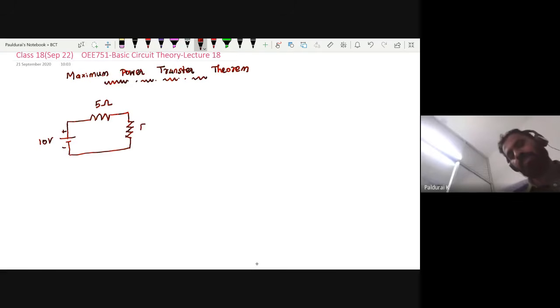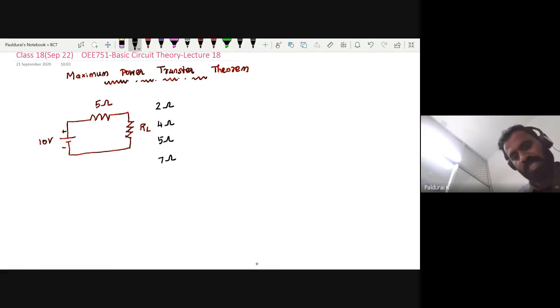And take this as my load RL. I don't know the value. I want to give different values. I want to take 2 ohm, 4 ohm, 5 ohm, 7 ohm, and 9 ohm. Let me take these five values.